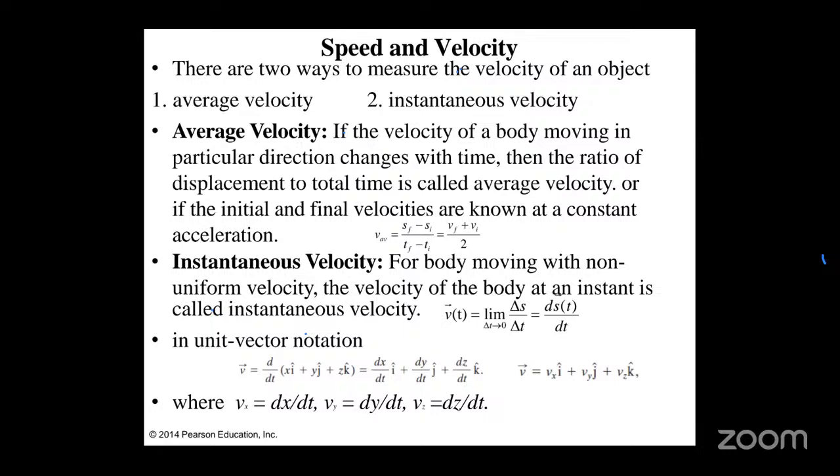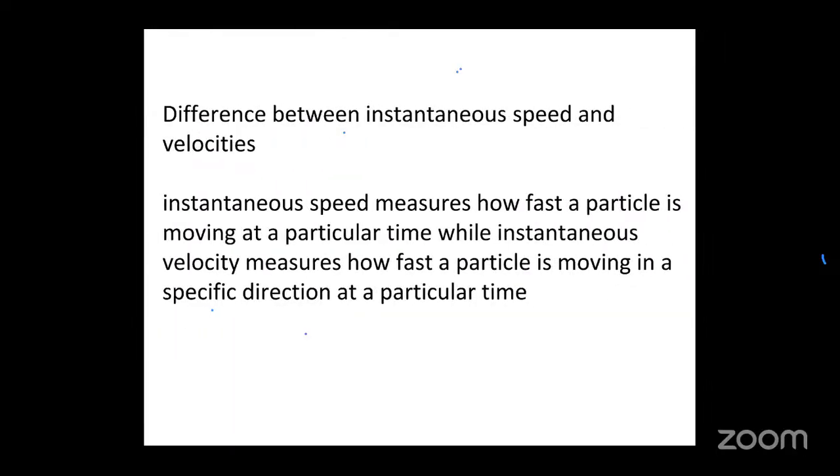Now, differences between instantaneous speed and instantaneous velocity. Instantaneous speed measures how fast, take note of that, how fast a particle is moving at a particular time, while instantaneous velocity measures how fast a particle is moving in a specific direction at a particular time.